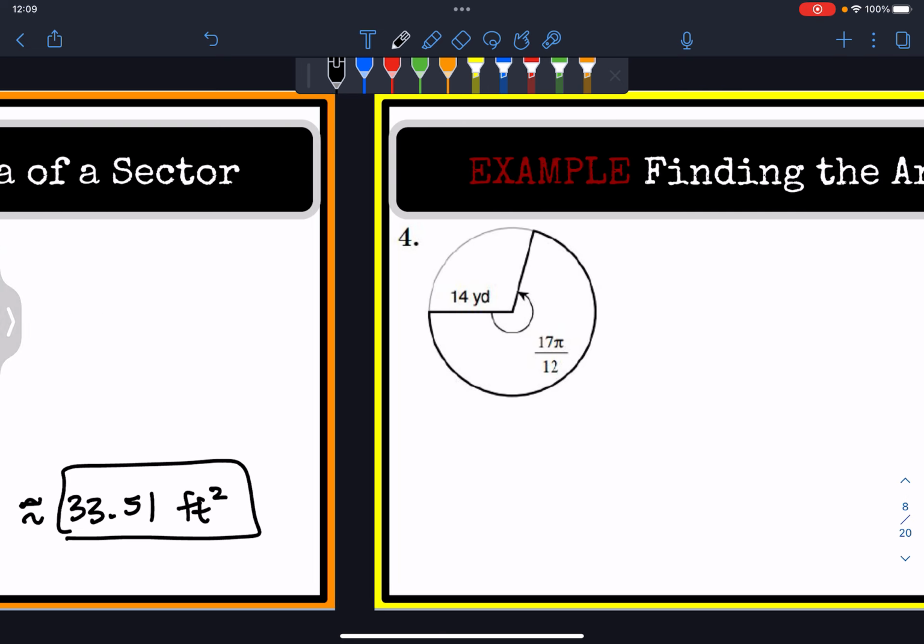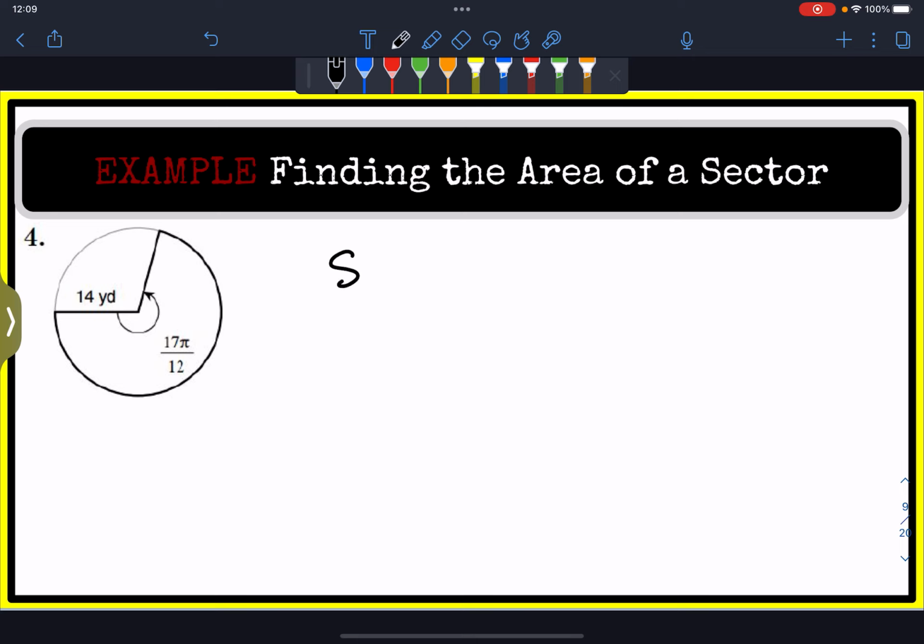Let's do another example. So here, again, the central angle is already in radians, so that's 17 pi over 12. I'm forgetting the rest of the formula. 1/2 times the central angle times the radius squared, which is 1/2 times 17 pi over 12 times the radius of 14 squared.